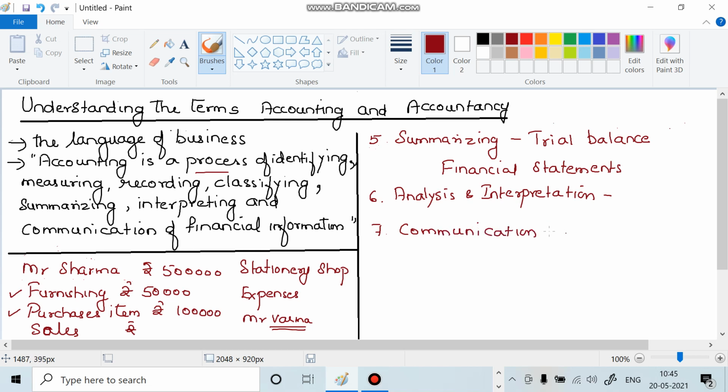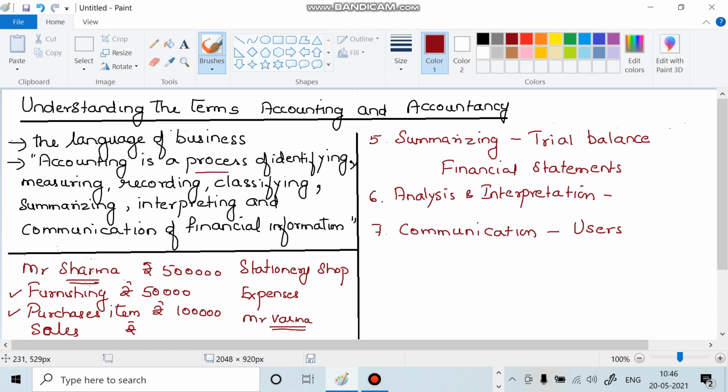The information that has been generated through this process of accounting by following these steps is required to be communicated to whom we call the users of financial information. There are several users of financial information. One of the users, the main user here, is Mr. Sharma, who has invested 5 lakh rupees and is carrying on the activity throughout the year.